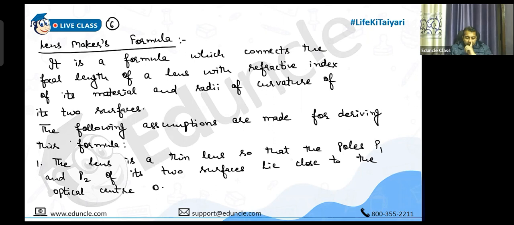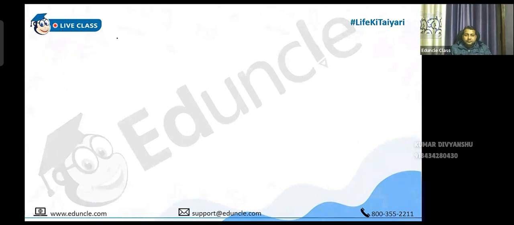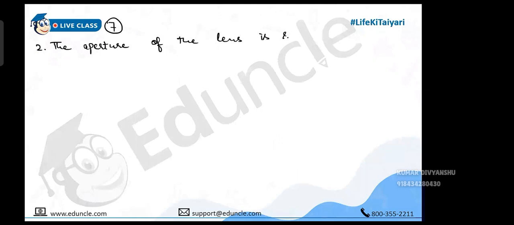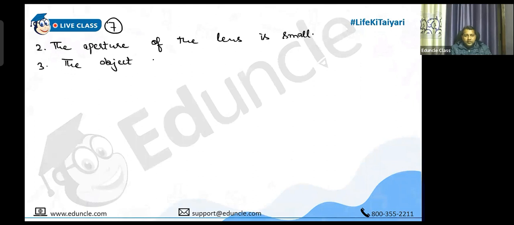The second assumption is the aperture is small. Third, the object should be a point object lying on the principal axis of the lens.